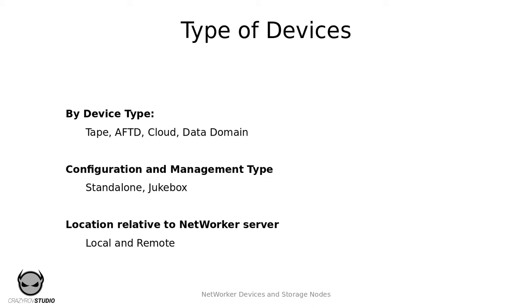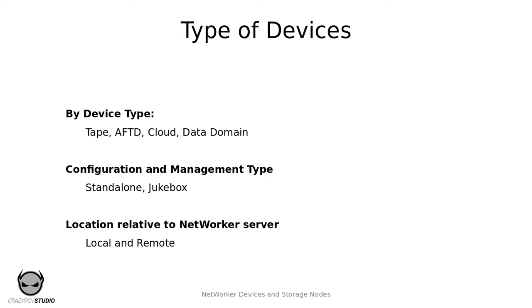Whenever a tape is required for backup, NetWorker asks the jukebox to mount the respective tape into a particular tape drive, and the robotic arm handles the movement of the tape from the slot to the tape drive, or, when a tape drive is done reading, from the tape drive back to the slot. So this is how things work in a jukebox.